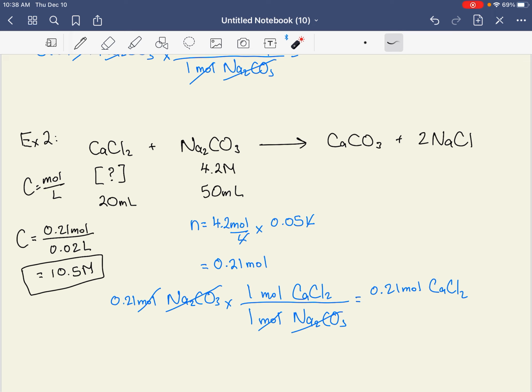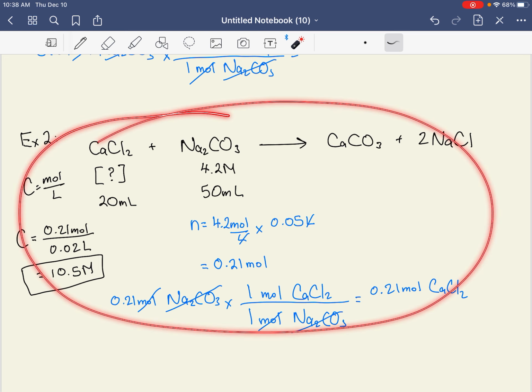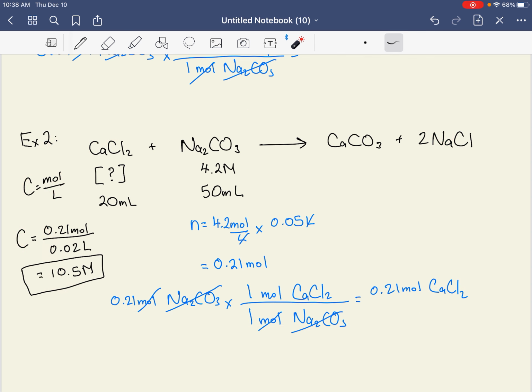All right, so with those two examples, that's all you really need to know for solution stoichiometry. There are a lot of questions that I am going to assign for you to do, but this is not it though. We will actually come back to all of these and make it meaningful by looking at acid and base titration, which is part of topic 8.